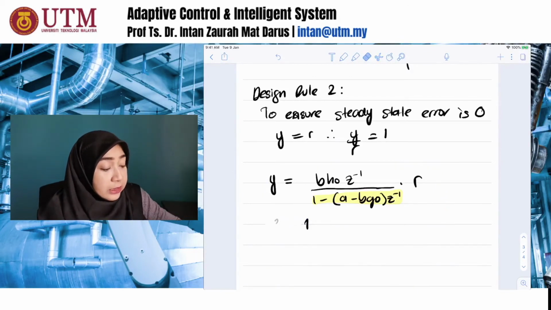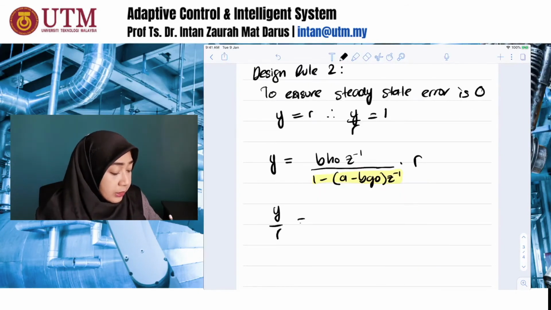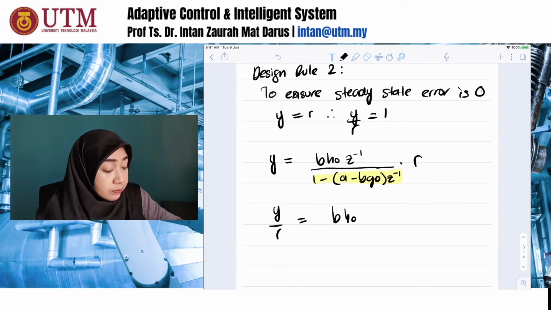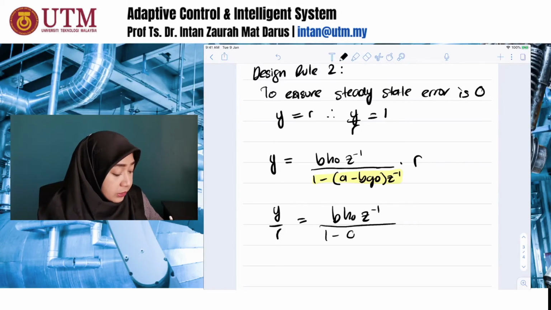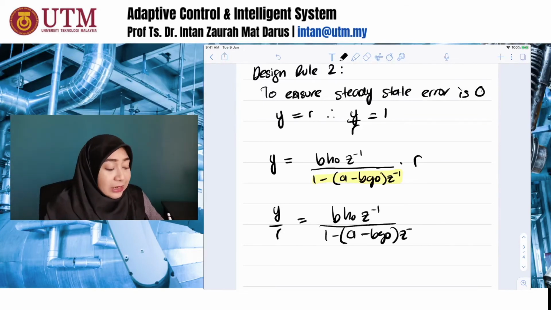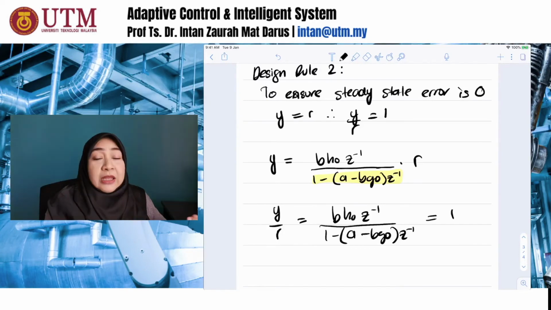Then I can write y over r is equal to B H naught z minus 1 divided by 1 minus A minus B G naught z minus 1, and I would like to have this all equivalent to 1. Okay, and why do we want it to be equivalent to 1?